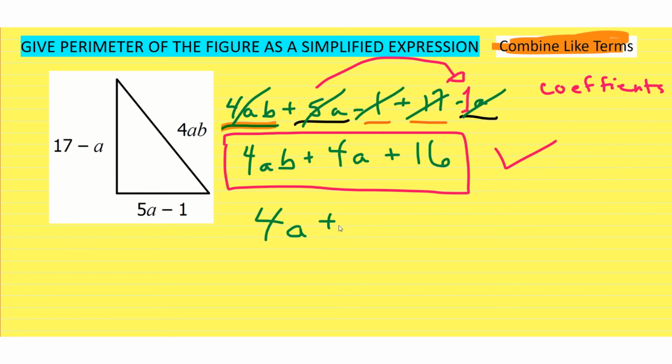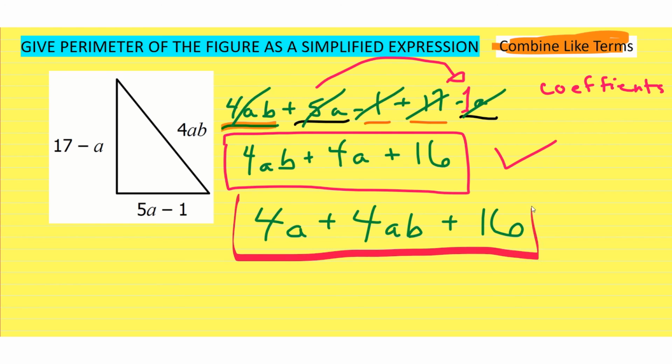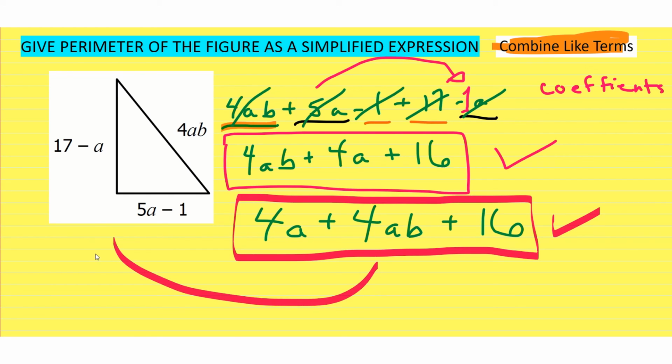And then we'll put the 4AB because it has two variables, but we generally always put the plain old constants here at the end. So this is just a cleaned up version of the answer. So we'll go with the cleaned up version of the answer. And that is the expression which represents the value of the perimeter around our triangle.